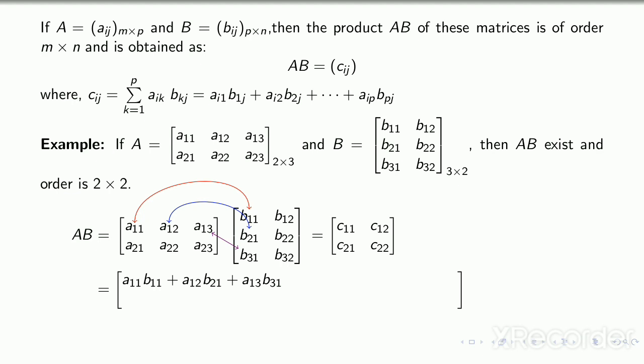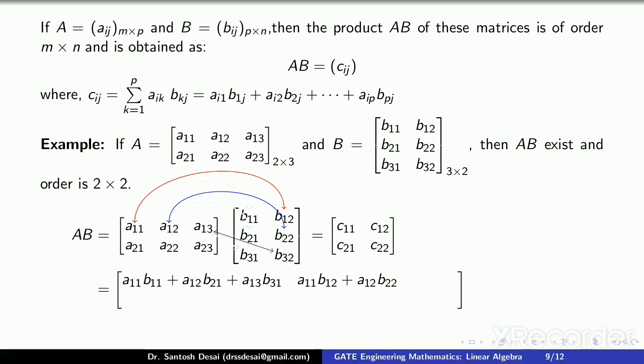Now to obtain C12, we fix the first row as it is and consider the second column of the matrix B, and again we take multiplications of corresponding elements and add all these multiplications. So thus we get A11 B12 plus A12 B22 plus A13 B32. Similarly, one can obtain the elements C21 and C22.